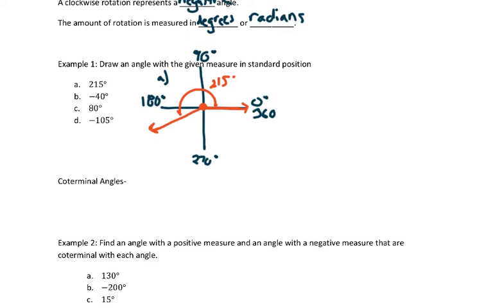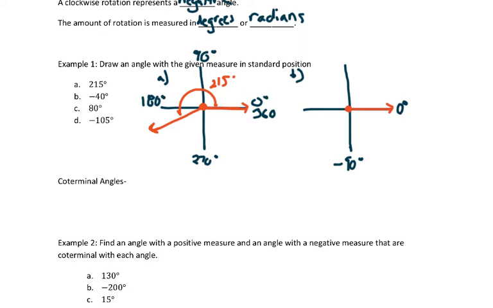B, negative 40. So let's make our coordinate plane, where our vertex is at the origin, and then we're at the positive x-axis. Now if I'm talking about negative 40, negative means rotate in a clockwise direction. Remember, if I didn't go anywhere, this would be 0. Because it's negative, I'm going in a clockwise motion. So instead of going up, I'm going to go down. When I go straight down, this would be negative 90 degrees.